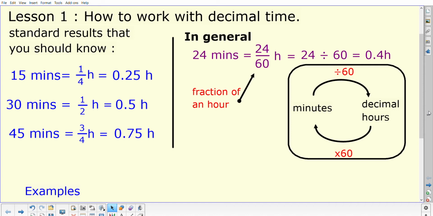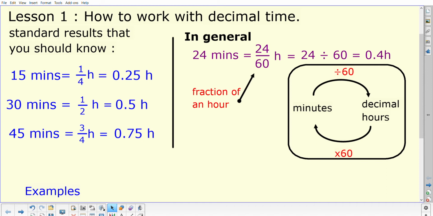And actually, for any number of minutes, we can change them into a decimal hour in this way by dividing by 60. If you want to reverse that, so if you do a calculation and you get an answer that is a decimal number of hours, and you're trying to interpret it back into minutes, then you do the reverse of dividing by 60 and you times by 60.